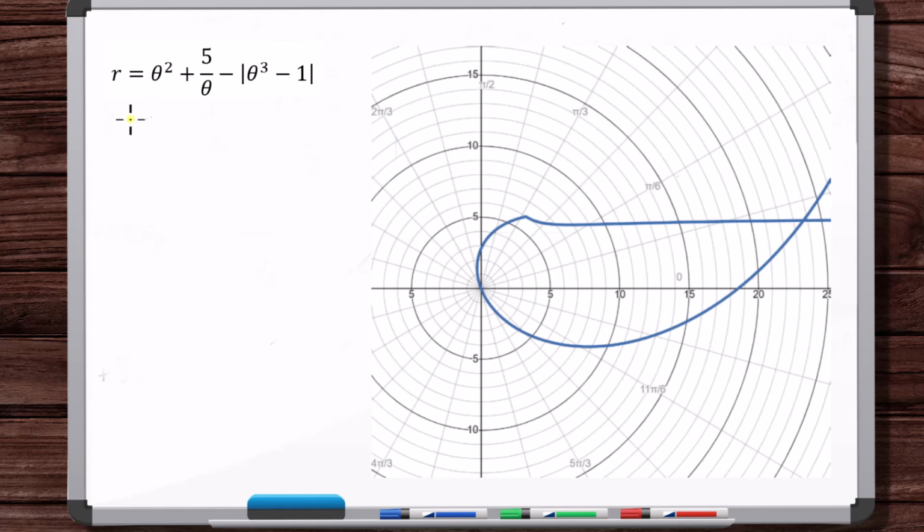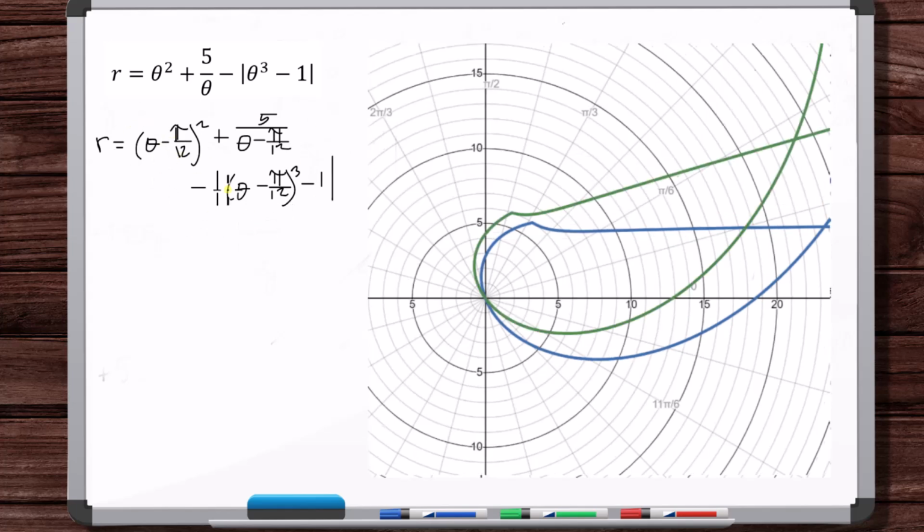Okay, so what we do is we subtract pi over 12 from every single theta variable in the entire equation. So we get r is equal to, there we go. So let's take a look at this graph.